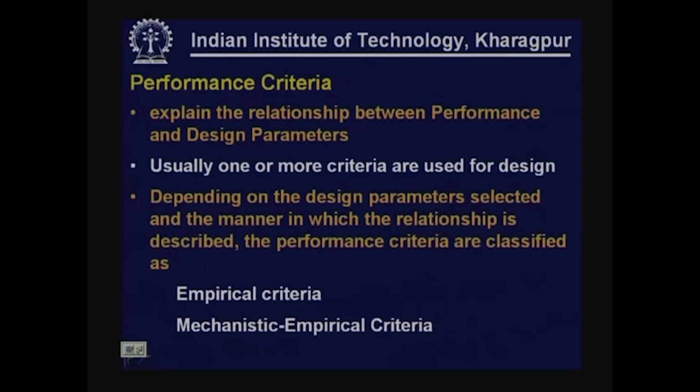Depending on the design parameters that we select and the manner in which the relationship is described, the performance criteria are usually classified as empirical criteria or mechanistic empirical criteria.